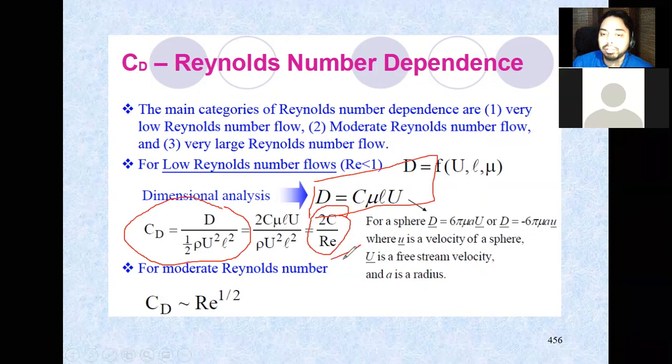So it's only a function of Reynolds number for the low Reynolds number over here. For the moderate Reynolds number, CD is proportional to half over the square root of Reynolds number.